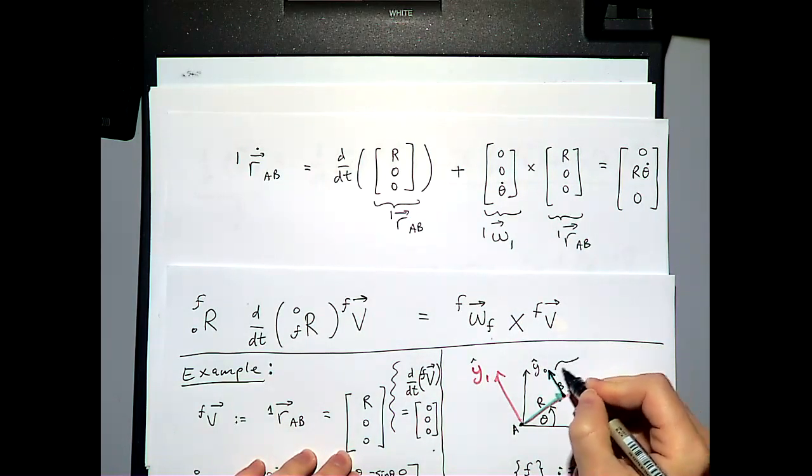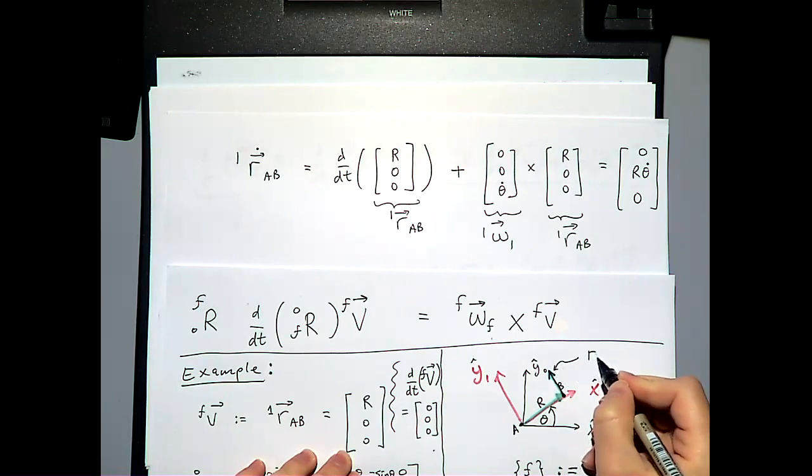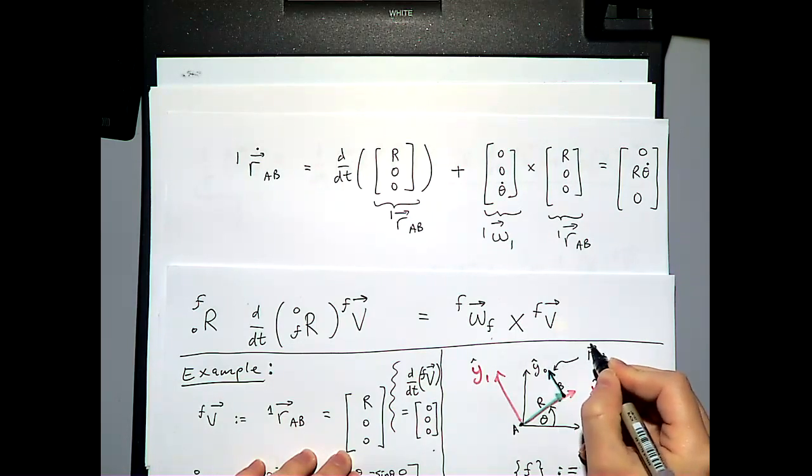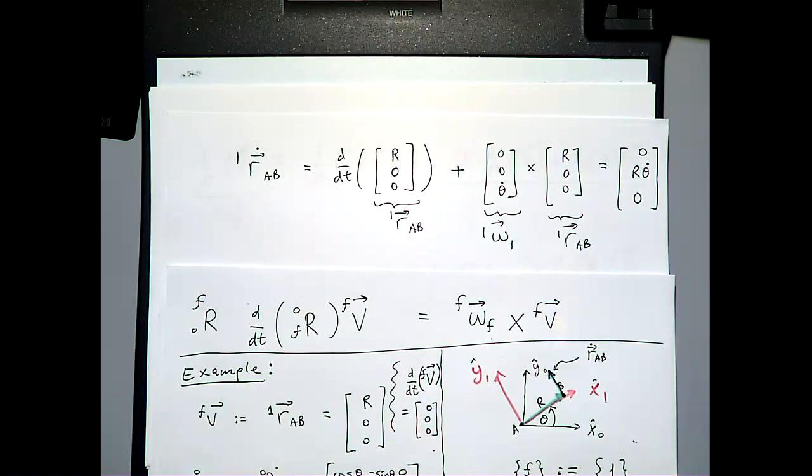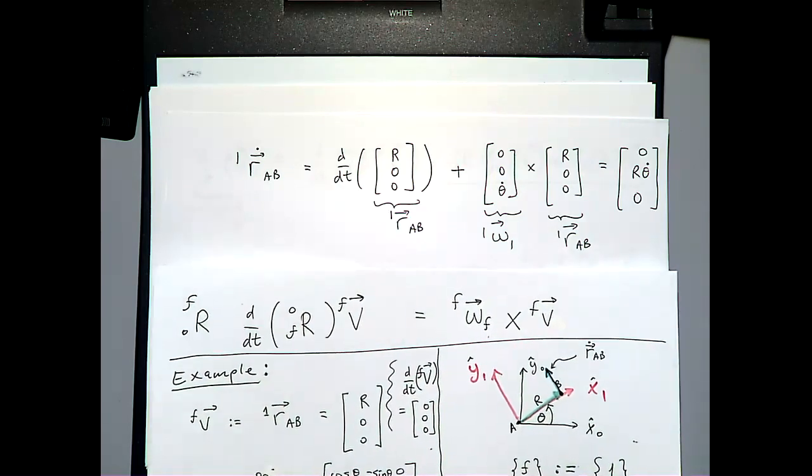This vector here is RAB dot, okay? And if I want to express it in frame 1, this is what it will be. If I want to express it in frame 0, we already started with that one. I'll show you maybe.